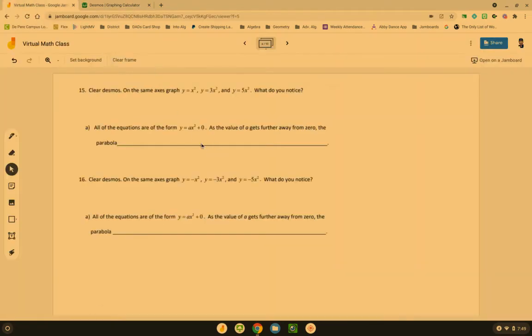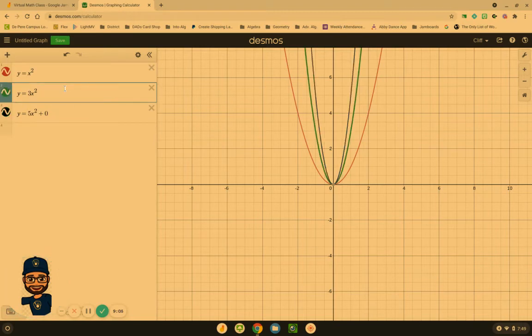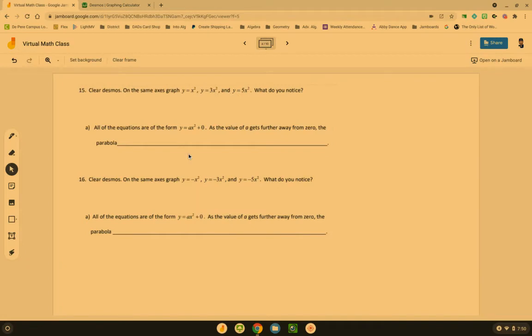All right, and so the conclusion here is that even though we're adding nothing to the end, right? I could add a plus 0. It doesn't change anything to all of these. The vertex stays right there at 0, 0. But what's happening is it gets closer and closer together. Same thing if I put a negative sign out in front, right? They're going to get narrower, as we call it.